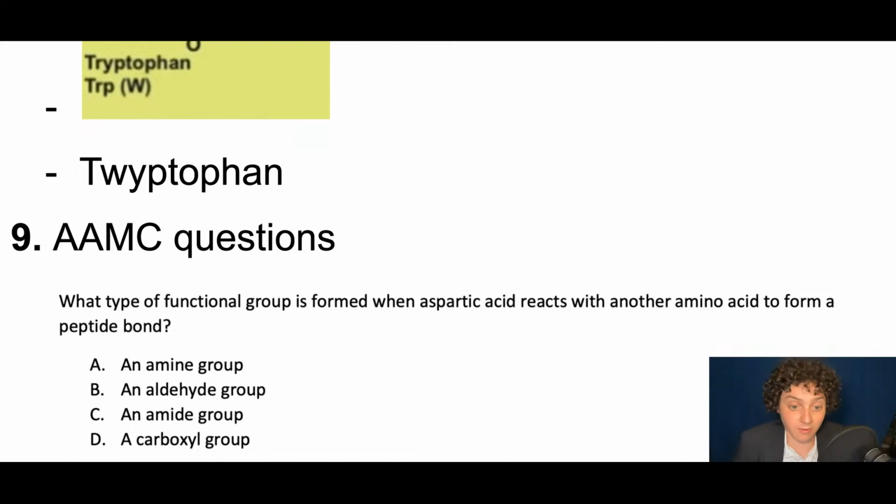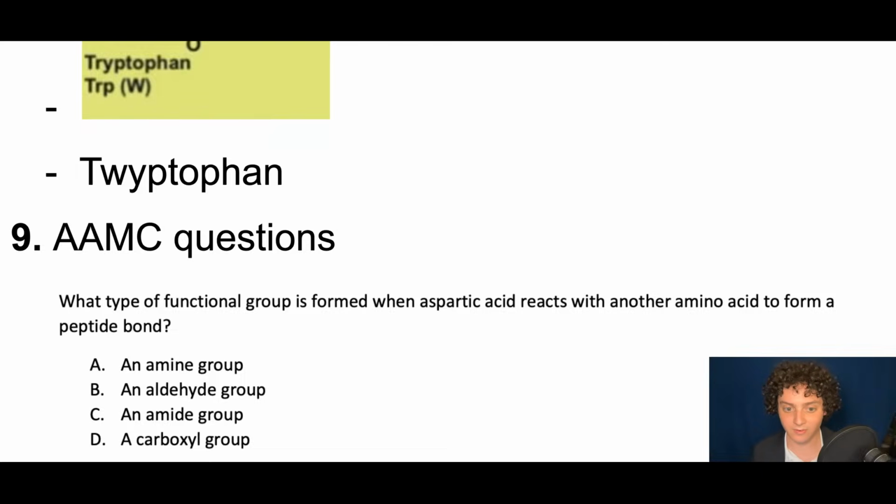So what type of functional group, or that category of things, is formed, or results from a reaction whereby aspartic acid, aka aspartate, which is the anionic form of that amino acid, and that amino acid has the R group of CH2 and then the carboxyl group, so CH2, C double bound to O, and then single bound to an OH, reacts with, so that is an example of having it at your fingertips, that needs to be done by test day, another amino acid to form a peptide bond?